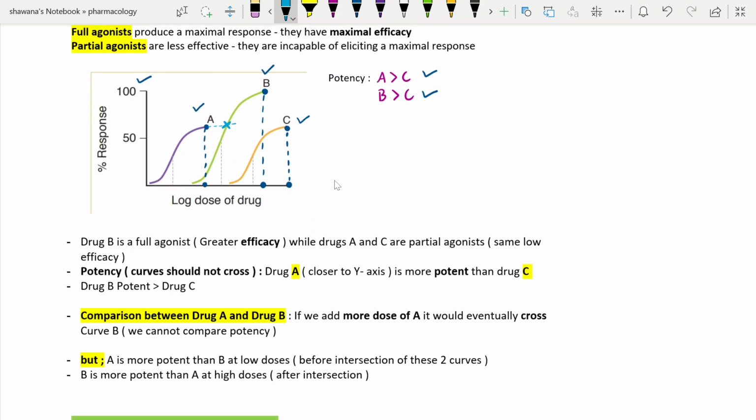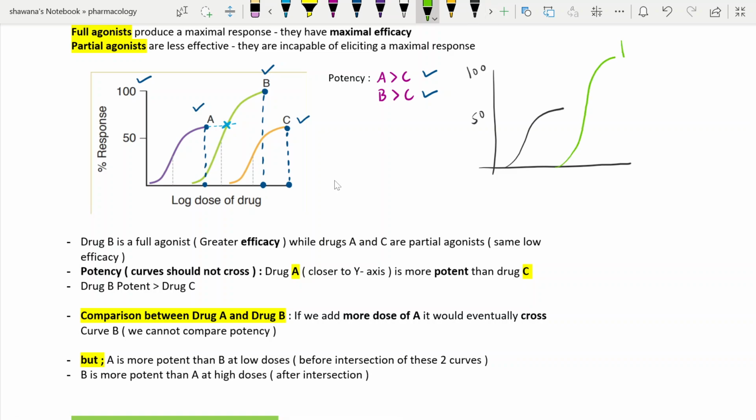What is that? Let me make it clear here so you can understand it well. For example, it's 50% of the response, it's 100% of the response, and A is somewhat here and we can draw B somewhat here.